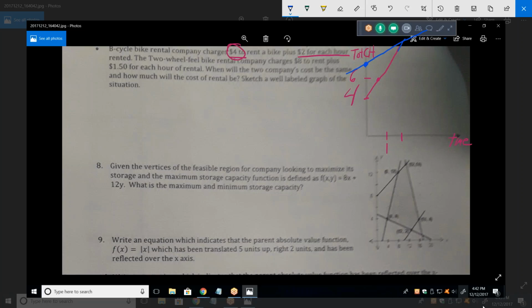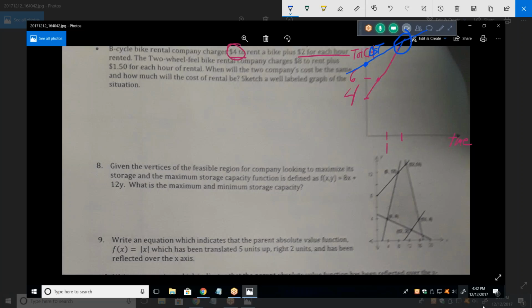Now, when will the two companies' costs be the same, and how much will the cost be? Well, graphically, we can see there's our solution, right? In other words, this should say total cost, not total charge. The Y value is the total charge.